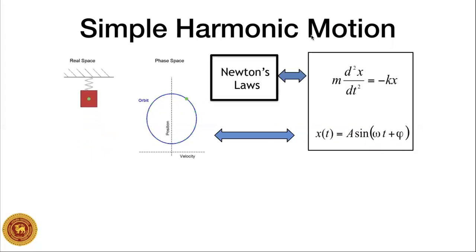On the other hand, if you apply Newton's equations to this spring mass system, you will end up with a differential equation like this: M times acceleration is equal to the spring force, minus kx. What is interesting is this is a mathematical object. So we have used laws of nature to model the system and arrive at a differential equation.